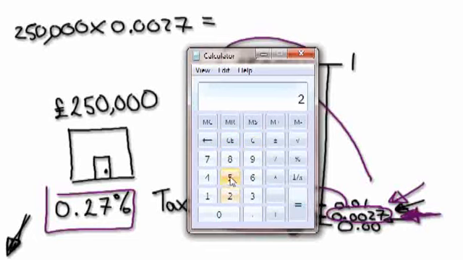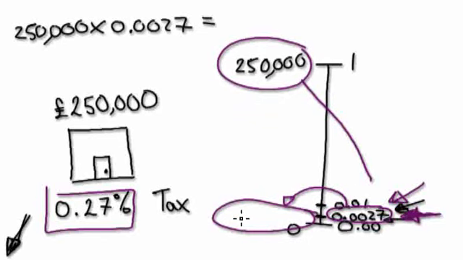What's going on here? 250123 times 0.0027. Oh yeah, it does make sense. Sorry, it does make sense.